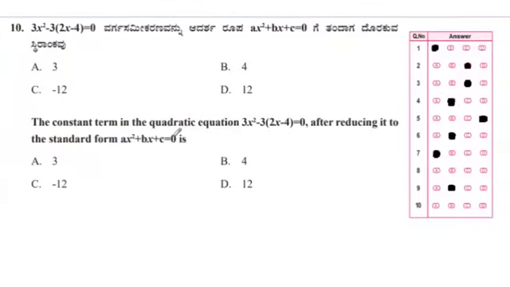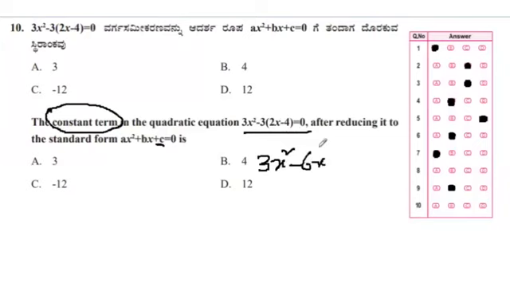The constant term in the quadratic equation 3x square minus 3 into 2x minus 4 is 0, after reducing into standard form. Clearly this equation is not in standard form. First we have to convert it into standard form and find the constant term, which is nothing but c. Let us do a simple calculation here: 3x square minus 3 into 2x is 6x, minus into minus is plus, 3 fours are 12.